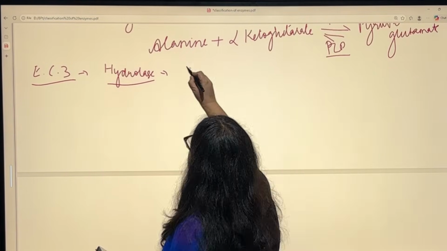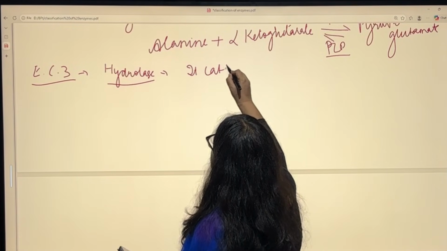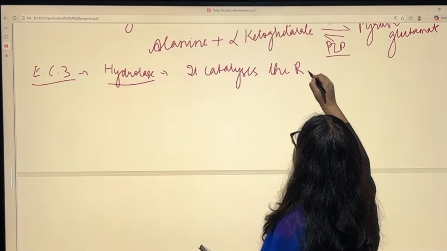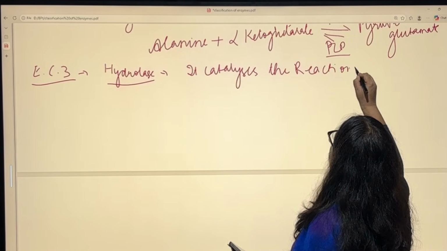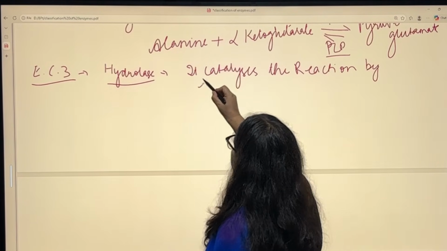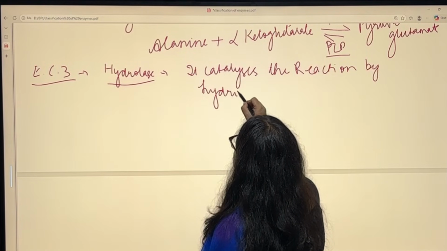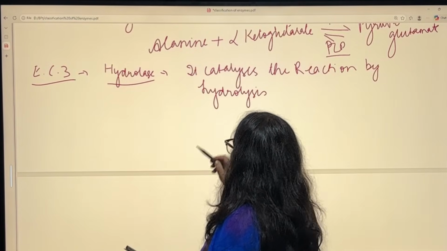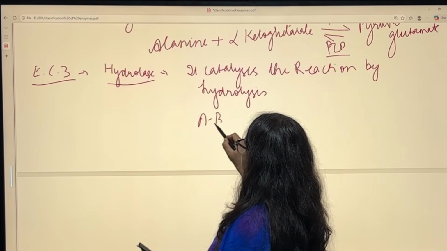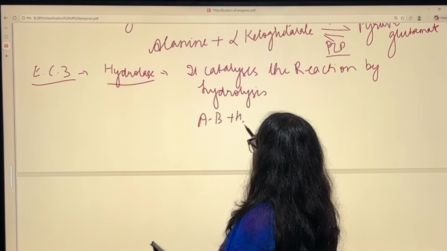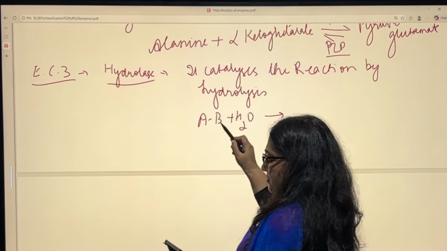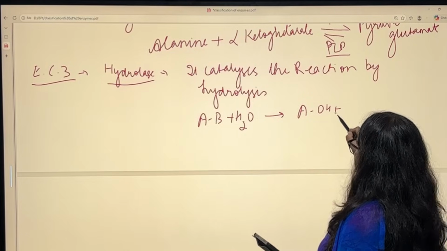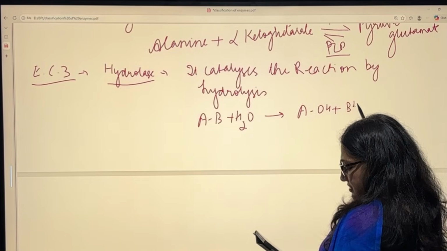So in simple language, it catalyzes the reaction by hydrolysis. For example, AB plus water, hydrolysis of the bond AB, gives AOH plus BH.